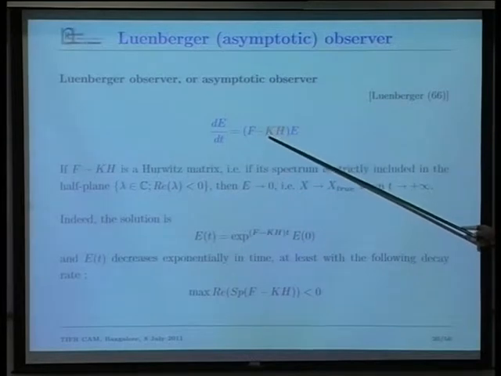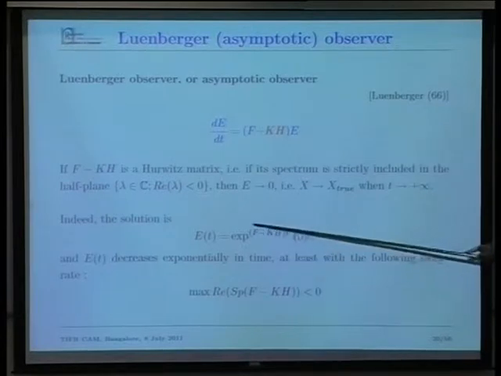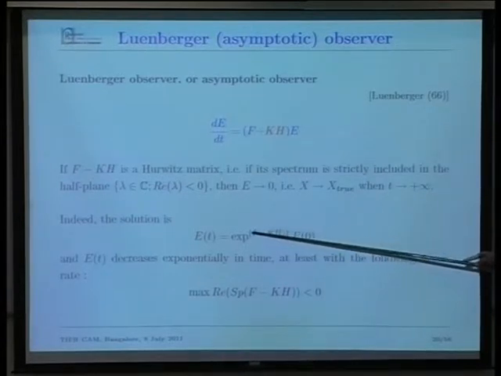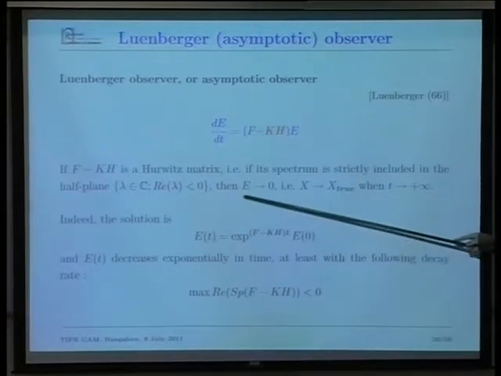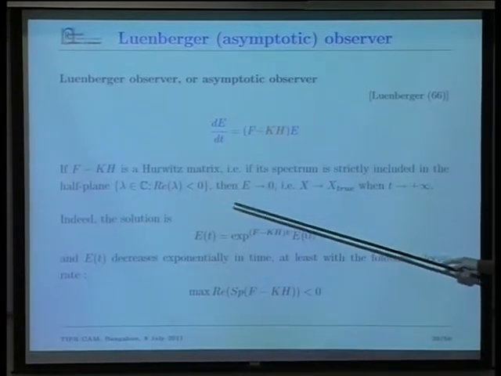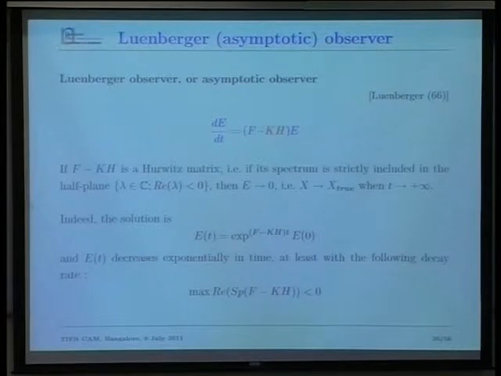So the solution of this equation is the exponential of the matrix times t. And if you imagine this is a diagonal matrix or simply a coefficient, if it is strictly negative, then we have an exponential decrease of E of t with time.